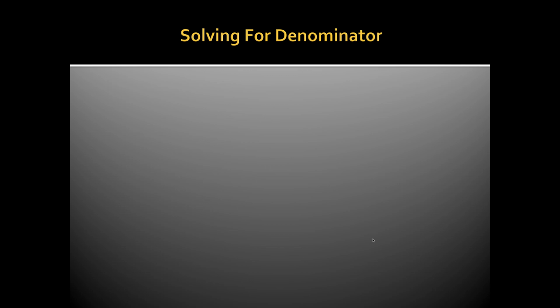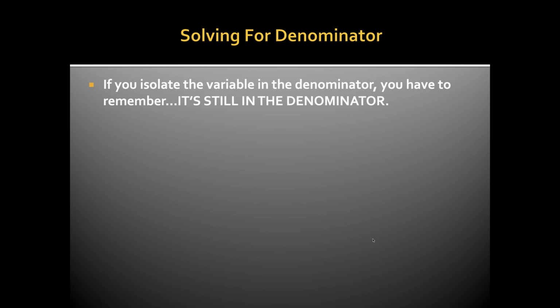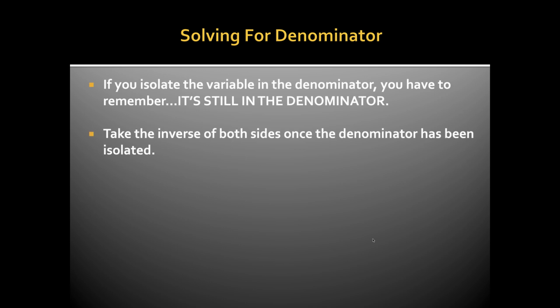Now, sometimes you have to solve for something that's in the denominator. And, well, you just have to remember that when you get all the other stuff over to the other side, if you haven't gotten it out of the denominator, it's still going to be there. Just because the guy moves out of the first floor doesn't mean the guy in the basement isn't still living in the basement. So, what we have to do is once you isolate the denominator, just take the inverse of both sides.